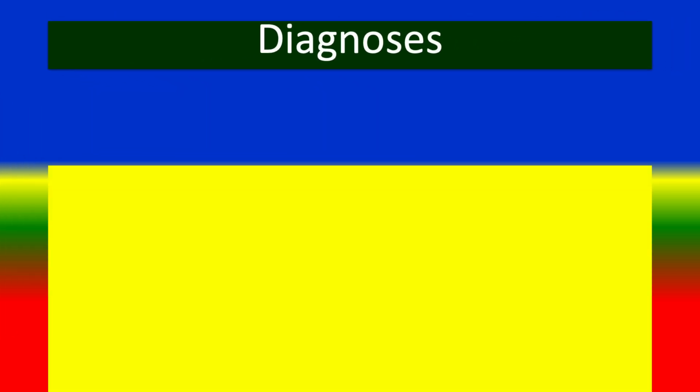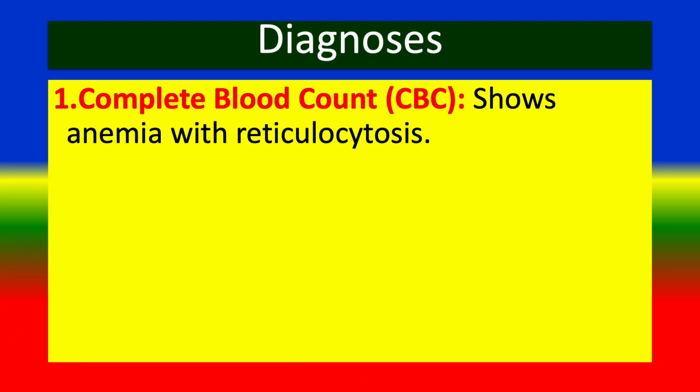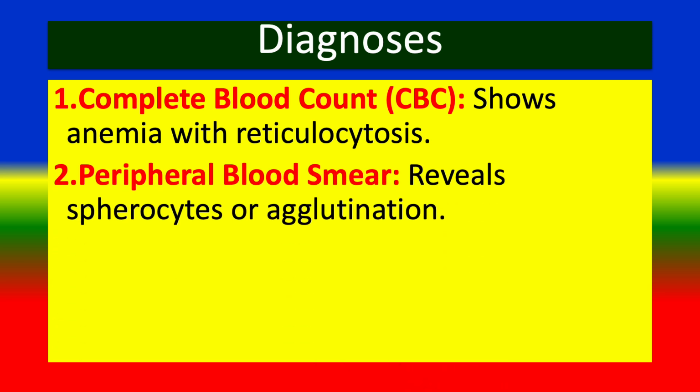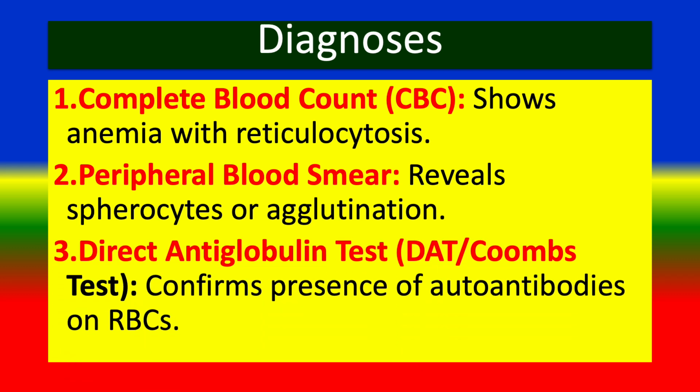Diagnosis: 1. Complete blood count, CBC, shows anemia with reticulocytosis. 2. Peripheral blood smear reveals spherocytes or agglutination. 3.